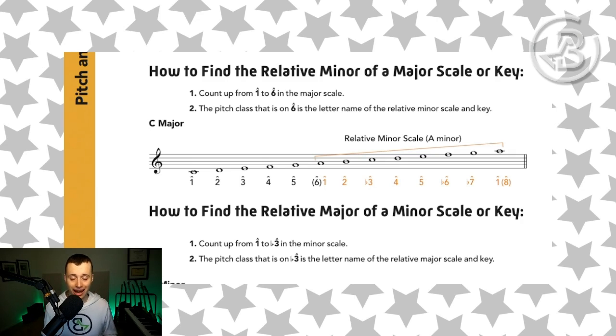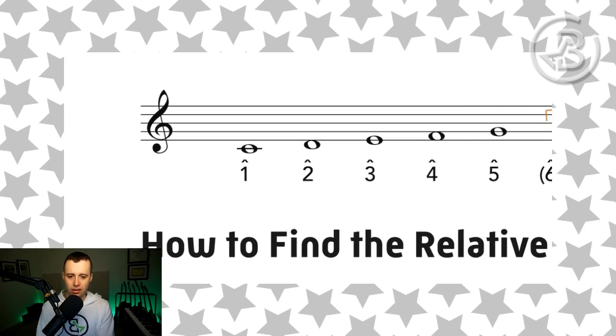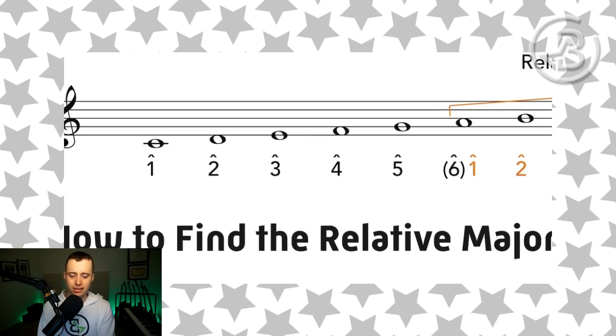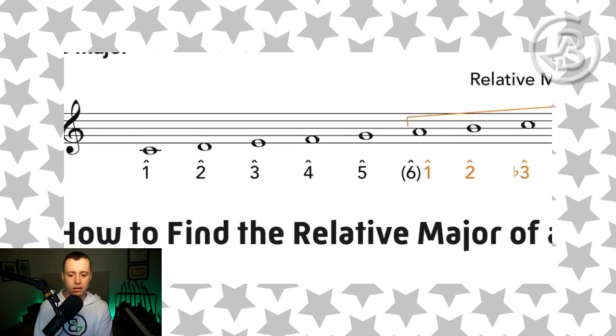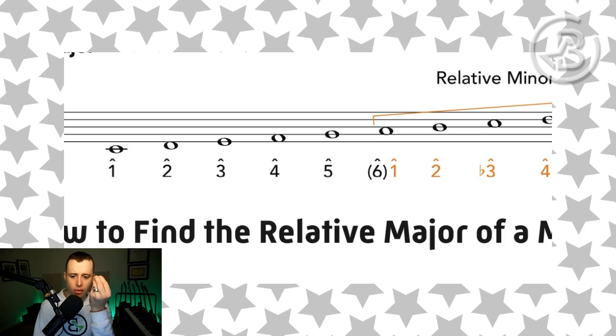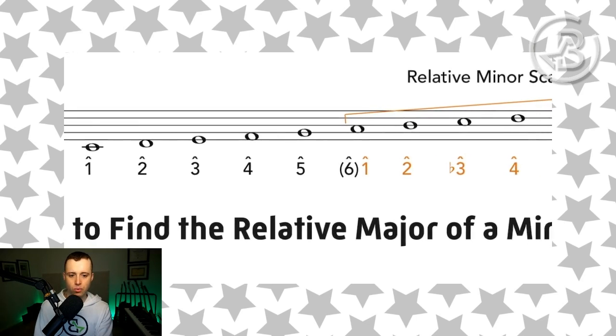And the way we find that A natural minor scale is to start on scale degree 6 of the C major scale and then just say all the same notes as a C major scale, but starting and ending on A. Let's take a look at our graphic. So we have C, D, E, F, G. We get to scale degree 6, which is sure enough A. And then we do our little magic trick, and we call scale degree 6 scale degree 1.